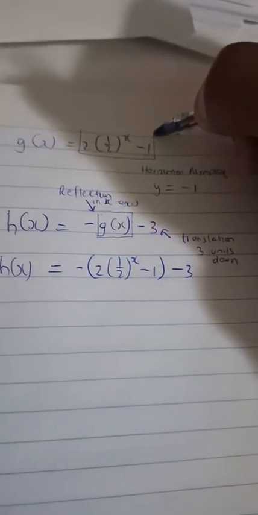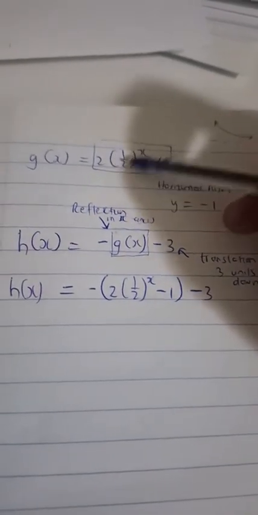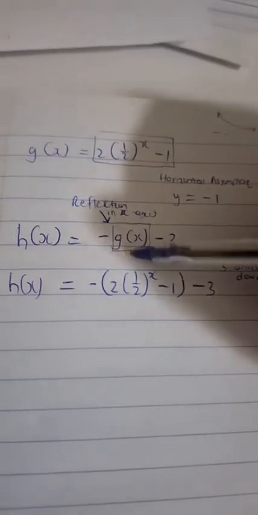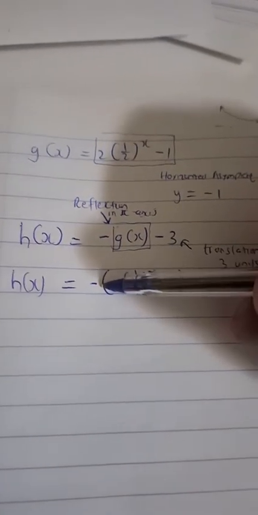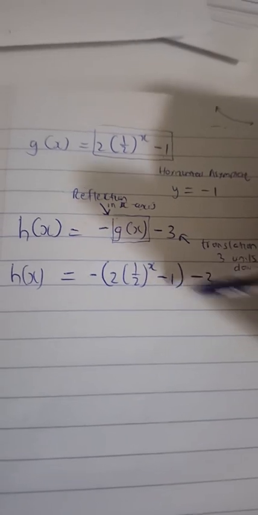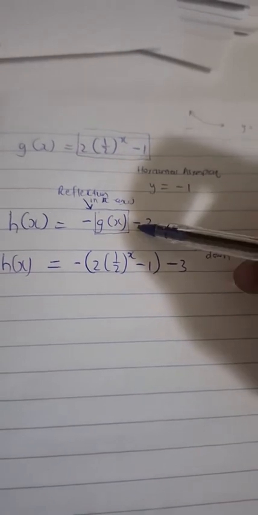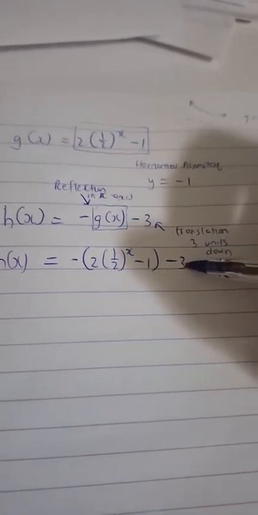In the place of g of x, I've just replaced the entire g of x with the function 2 times half to the power x minus 1, with the negative sign multiplied with this. Then check what I'm going to do. The 3 is waiting outside, because it's minus the 3.